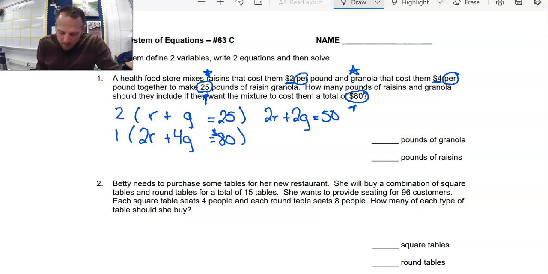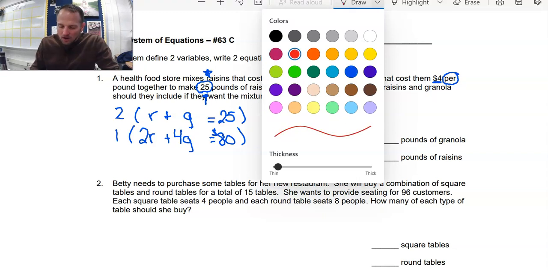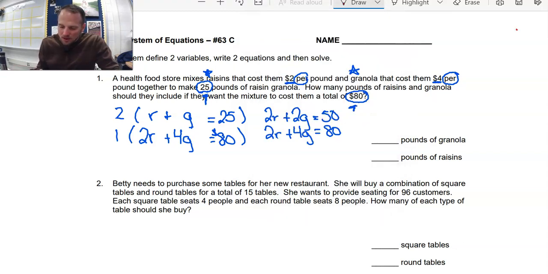And on the bottom, 2 times 1 is going to be 2R plus 4G equals 80. Okay, that's great. Now, the good news about this is the R's are the same. They're both 2, so that means they're going to cancel out.